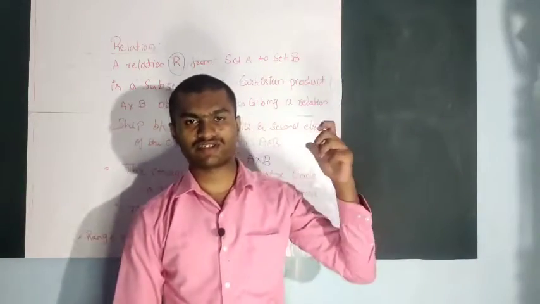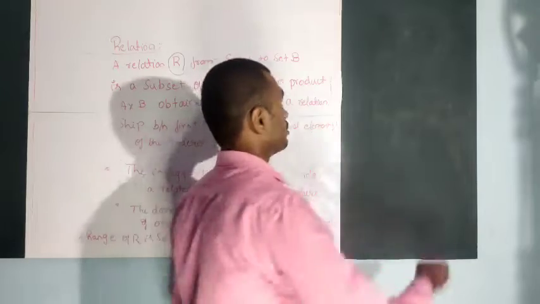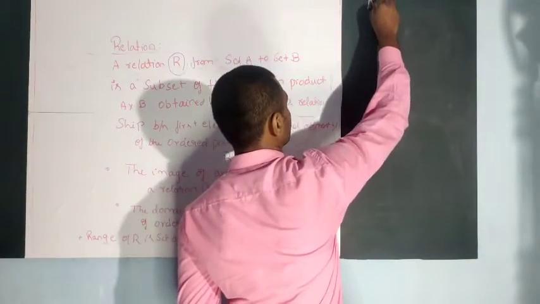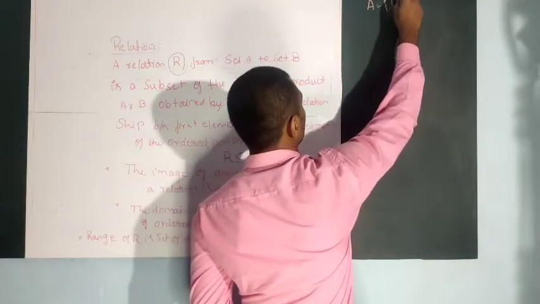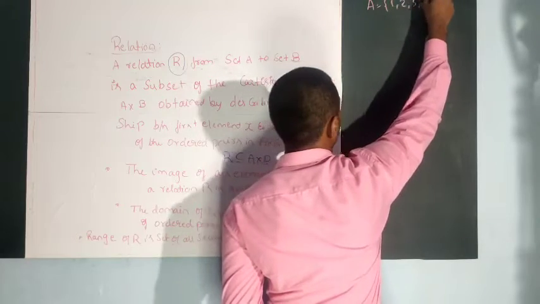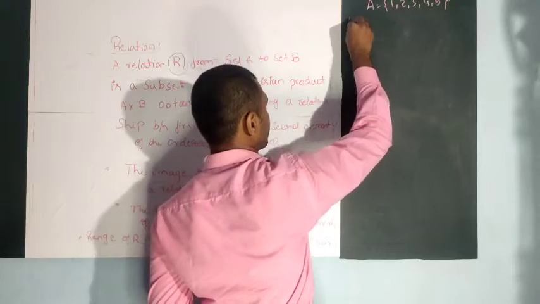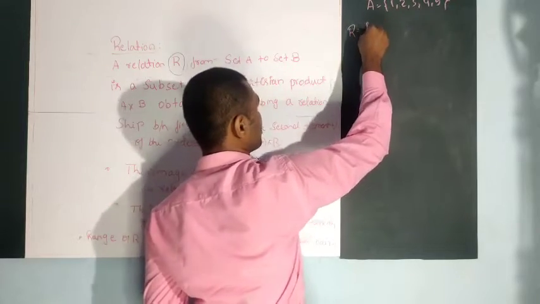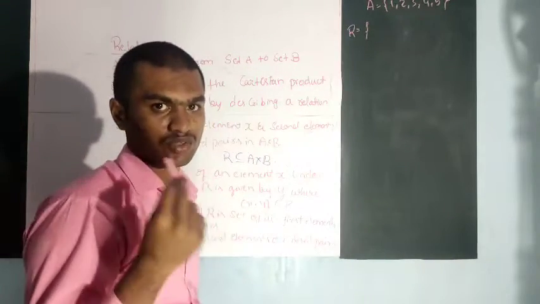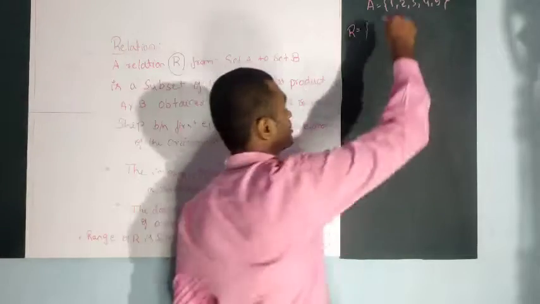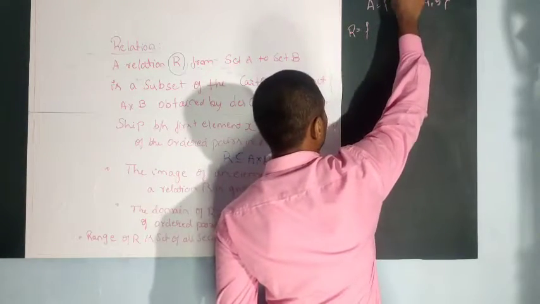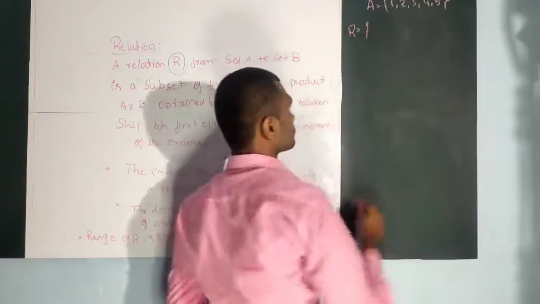Then, on the concept of relation, I will take another example. I have set A equal to 1, 2, 3, 4, 5. I need to define a relation. This is a relation from set A to set A only.